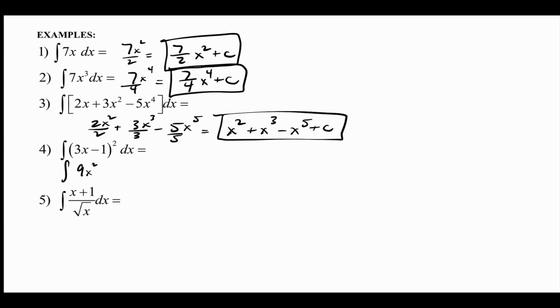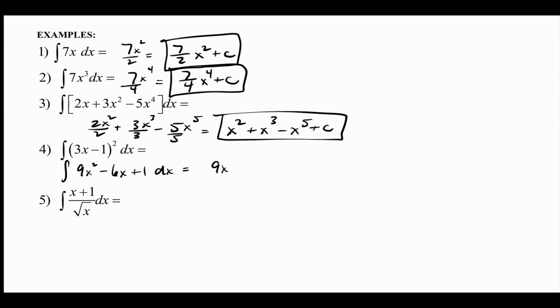So you get 9x squared minus, what is it, 8x? No. Minus 6x plus 1. Now it just looks like number 3.